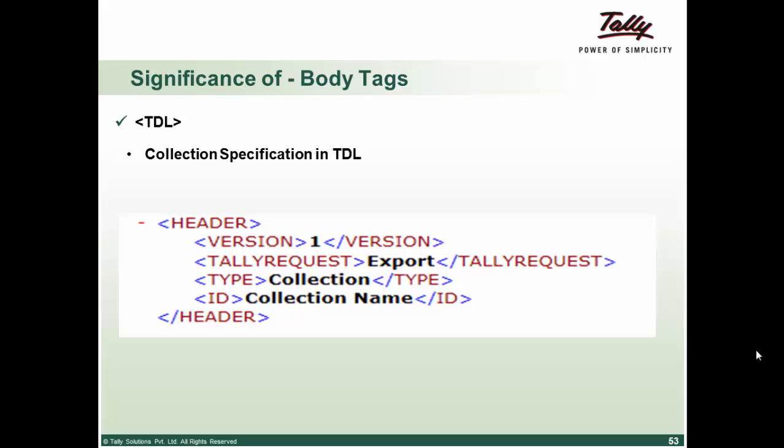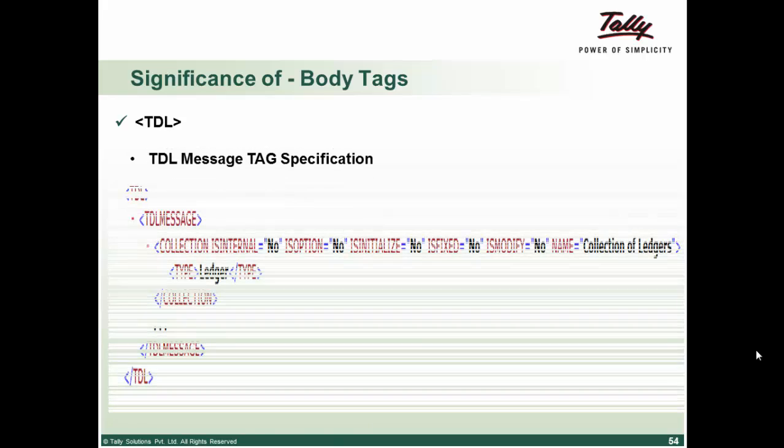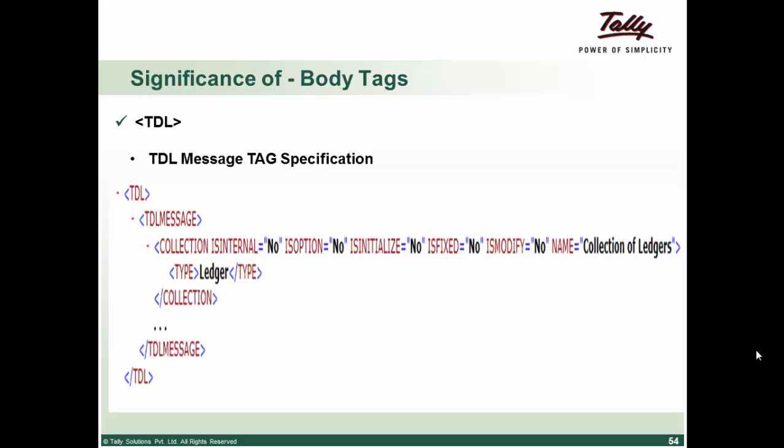So when you mention the ID, you will have to mention the name of your collection. This collection name should come inside the tag collection within your TDL tag. So TDL tag, TDL message tag and your collection tag, the creation of your collection as TDL.